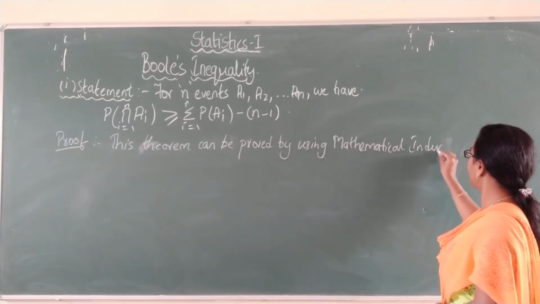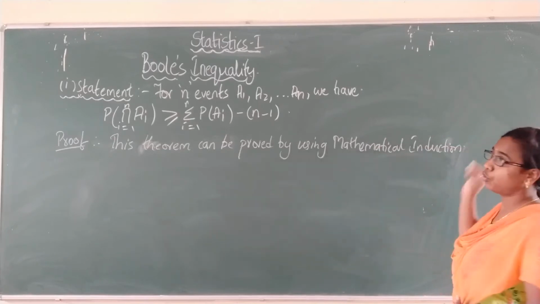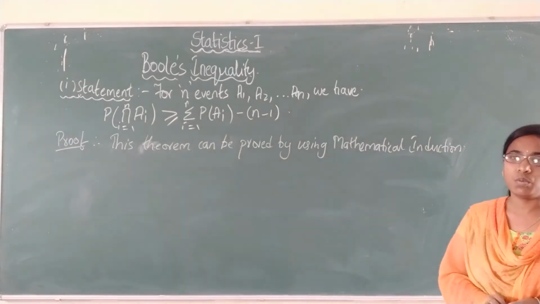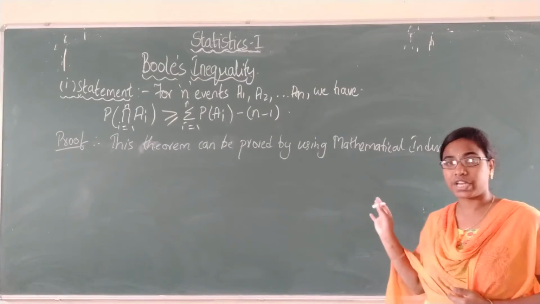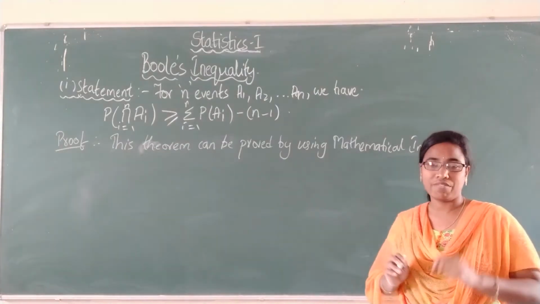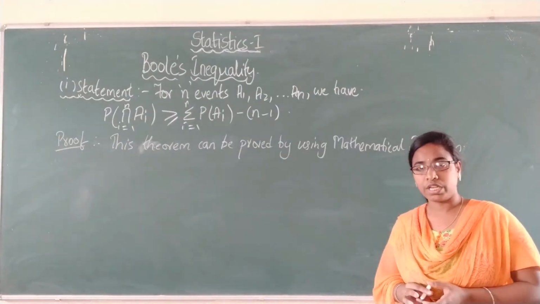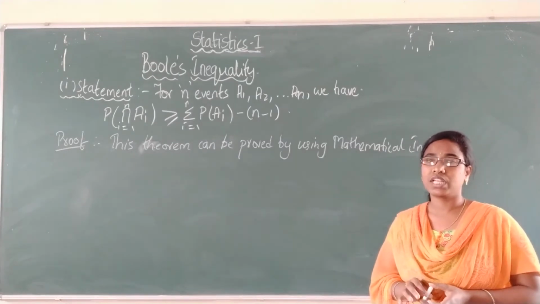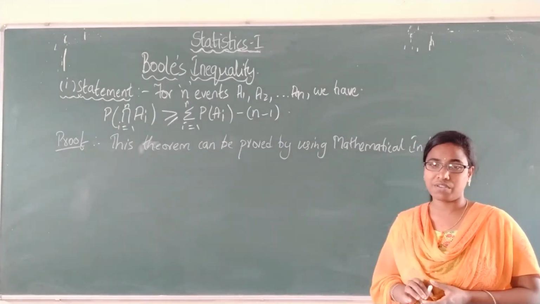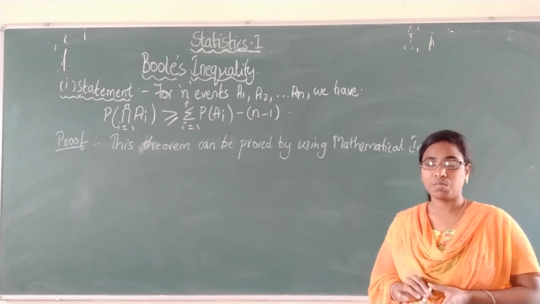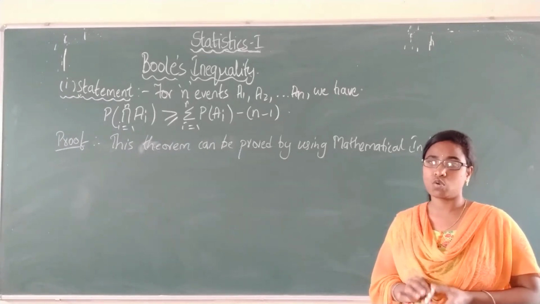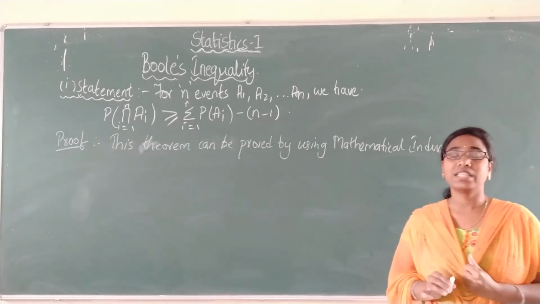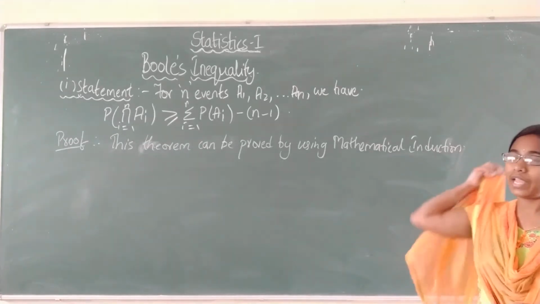By using mathematical induction, how do you prove a statement? First we prove that the statement is true for two events. Then we suppose the statement is true for r events. By using the conditions of two events and r events, we prove that the theorem is true for r plus 1 events also, so that the theorem will be true for all n values.